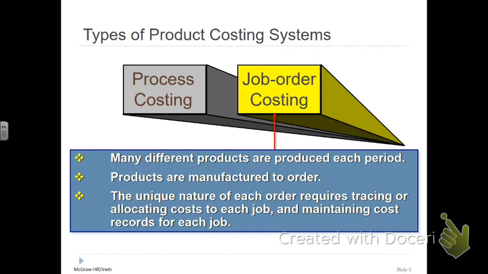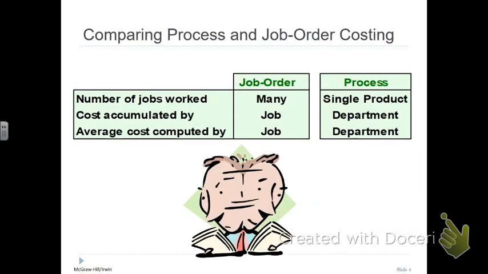If you go to work for a construction company that builds decks, they're going to keep track of the costs for that particular deck or that particular bathroom addition or whatever they're doing. Those are all good examples of where you would use job order costing.